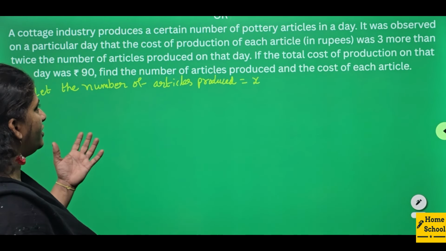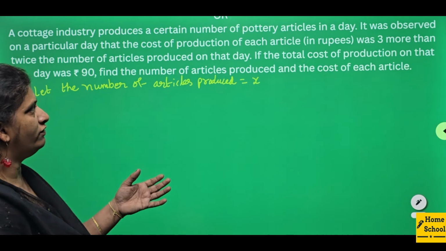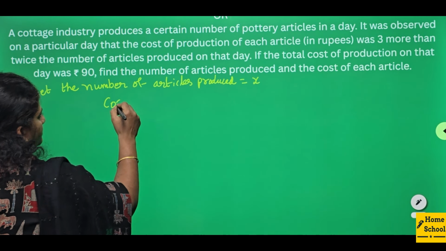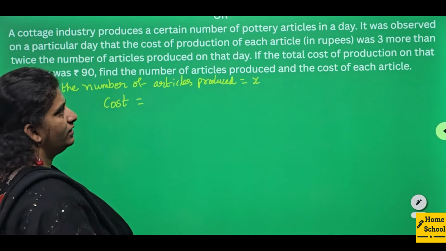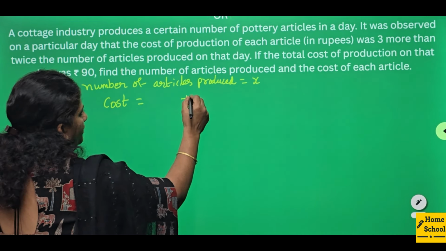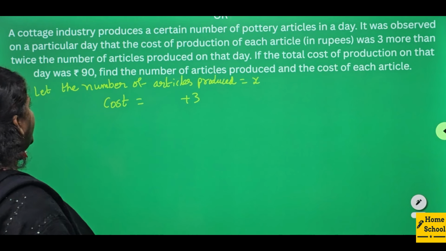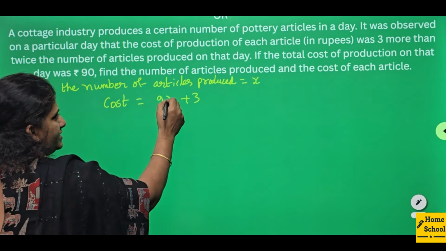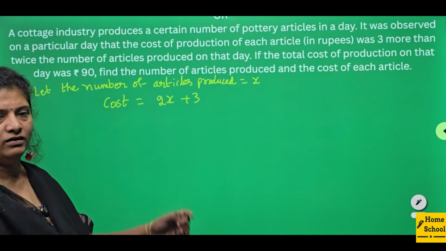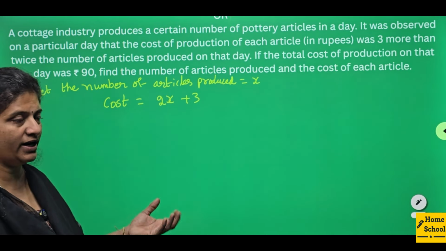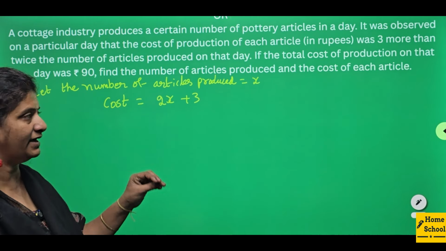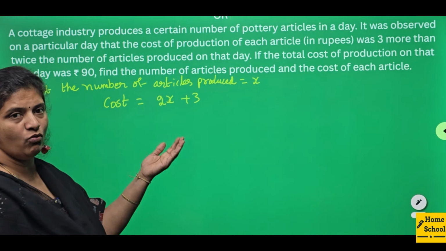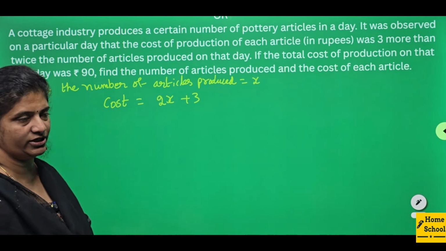It was observed on a particular day that the cost of production of each article is 3 more than twice the number of articles produced on that day. That is 2x plus 3. Cost of that article is 3 more than twice the production.